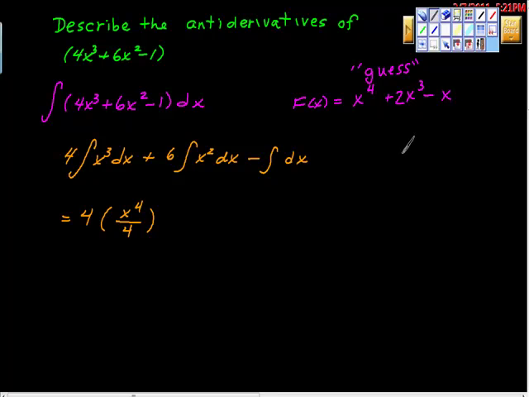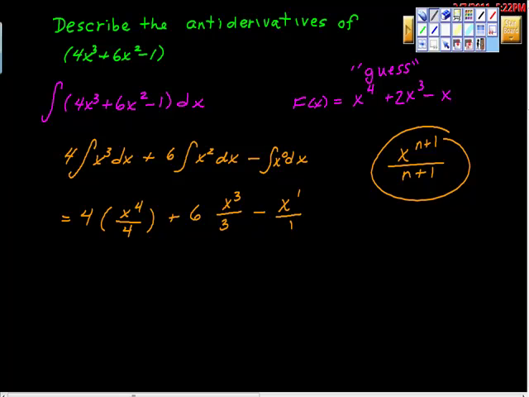Again, just to keep in mind, if you want to know what's going on formulaically, what I'm doing is x to the n plus 1 over n plus 1, and this is the undoing of the power rule, working backwards from that thing, plus 6 x to the 3rd over 3, minus x to the 1st, because remember, I'm seeing this one right here as x to the 0, so I just added 1 to it, and I put that over 1. I'm using this rule right here. Stay with this. You're going to get so much better. I wish I could convince you of that.